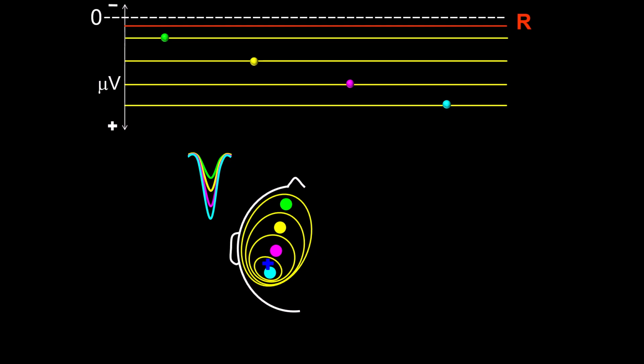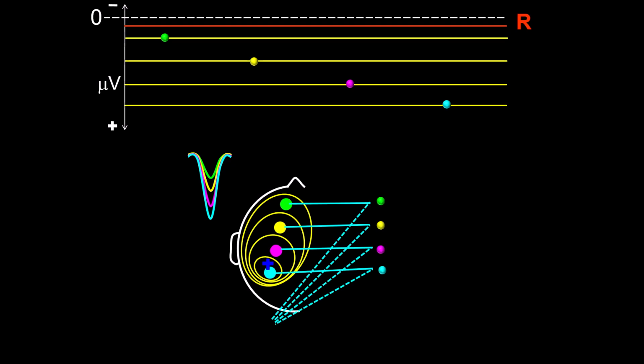They do so because they are positive. Now I have introduced in the isopotential map solid lines representing electrodes entering into input 1 and dashed lines representing electrodes entering into input 2 of a differential amplifier.